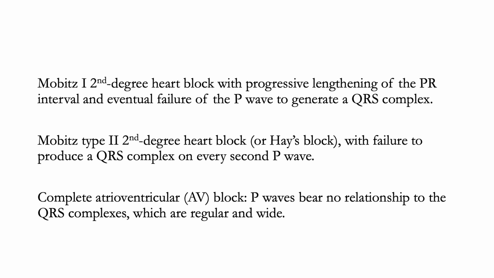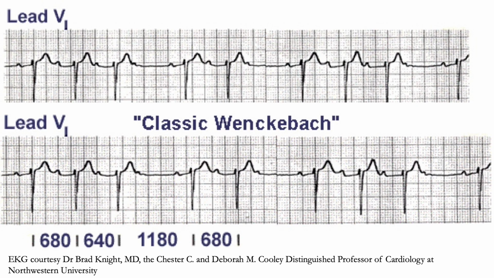In Mobitz type 2 or Hay block, there is failure to produce a QRS complex on every second P wave. And in complete AV block, P waves bear no relationship to the QRS complexes, which are regular and wide. This is another example of classic Wenckebach.